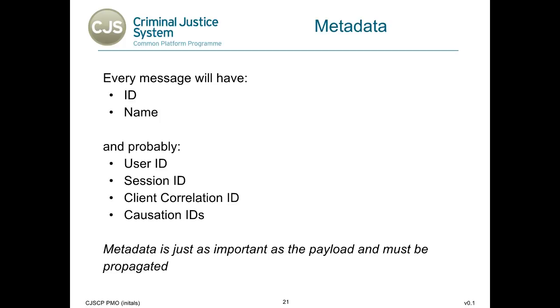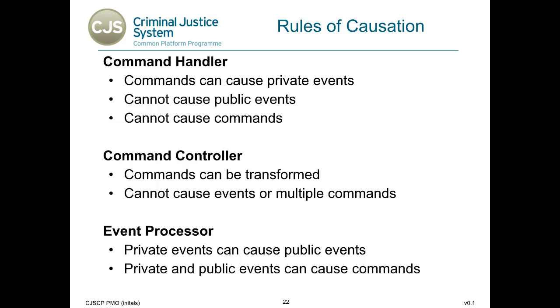I will cover that in the framework section. That's an important point, and that is why I say at the bottom of this slide that metadata is just as important as the payload, and it must be propagated, because we as developers need to make sure that it is. So we mustn't write code where we break that propagation. We need to ensure that we keep the chain going.